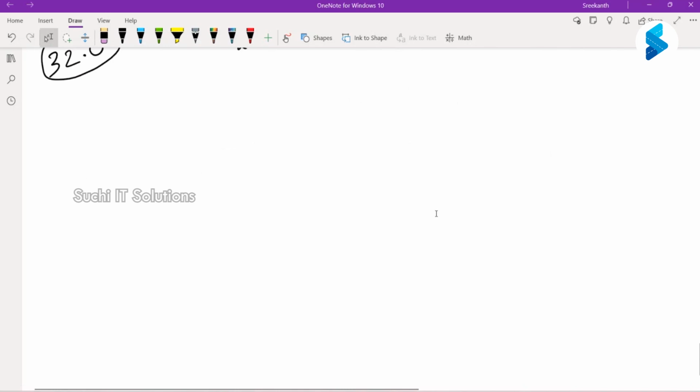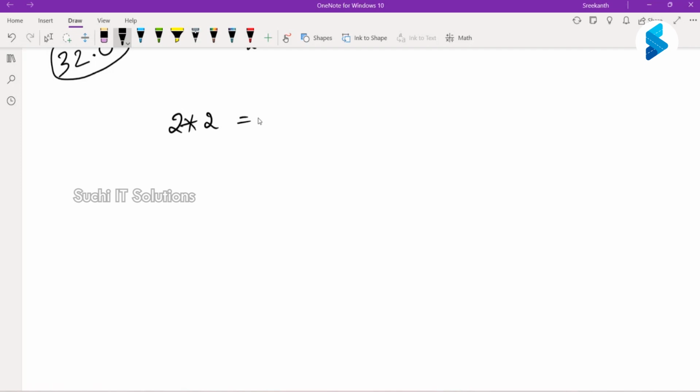So how Python internally computes any product: with respect to the numbers, it applies the BODMAS rule internally. So 2 into 2 will result in 4, which is an integer. 5 by 2 will result in 2.5, which is going to be a float.